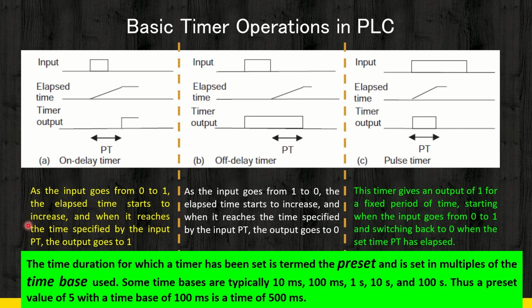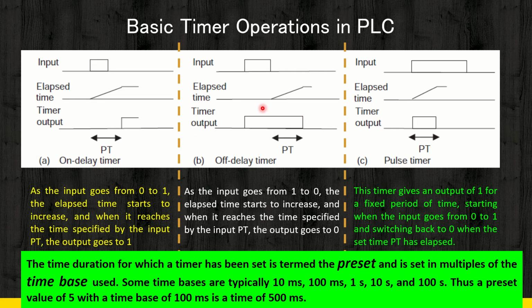When it reaches the time specified by the input PT, which is the time for which you have programmed the timer, the output changes its state from 0 to 1. This is the case of the on delay timer.